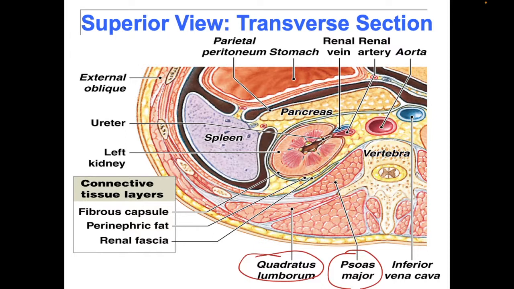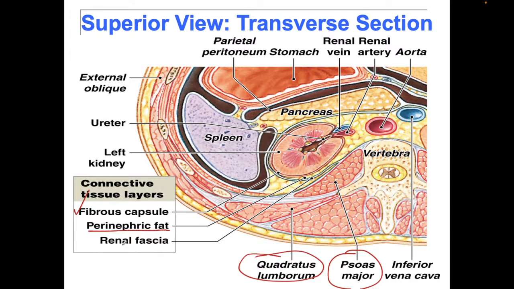Here's your pancreas. Here's the spleen. So now we know we're looking at it from the left side because the spleen is on the left. And here's the fibrous capsule here.